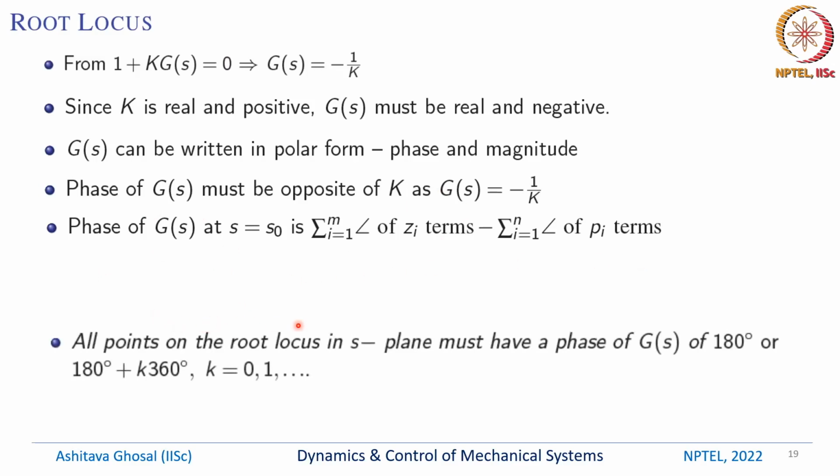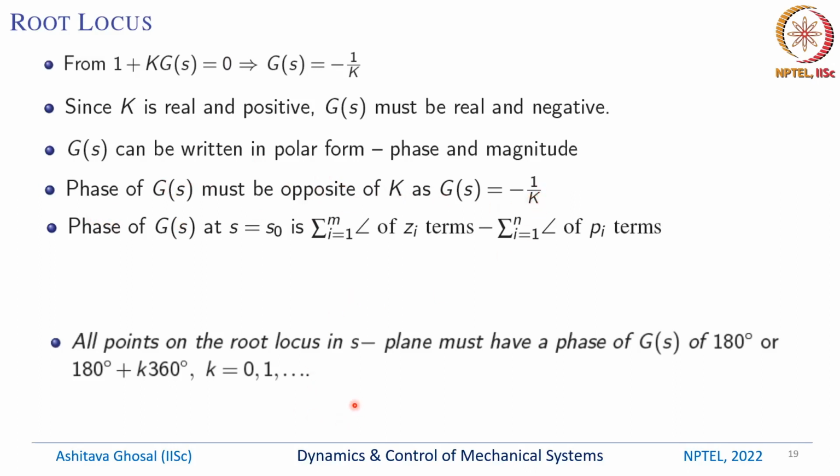So all points on the root locus must have a phase of G(s) of 180 degrees or 180 plus k times 360 degrees, k equals 0, 1, and that comes from this. If I write G(s) in the polar form, the phase of G(s) must be opposite of K, where K is a constant.